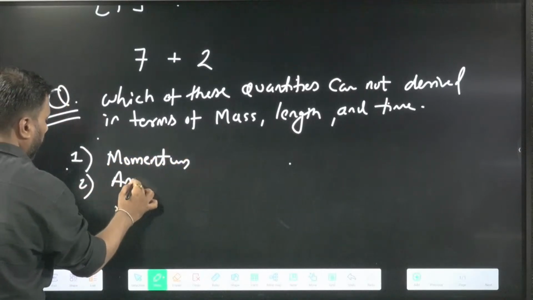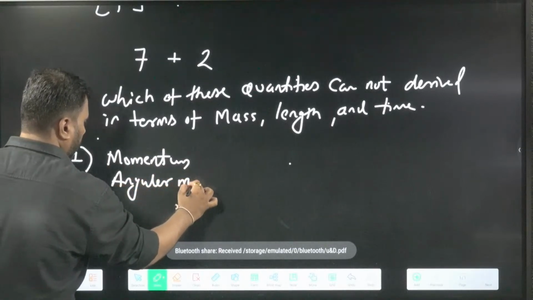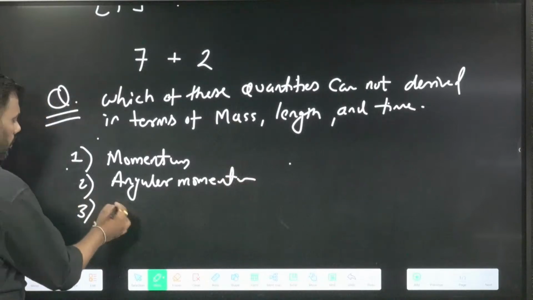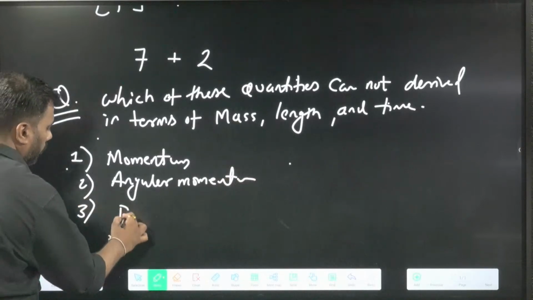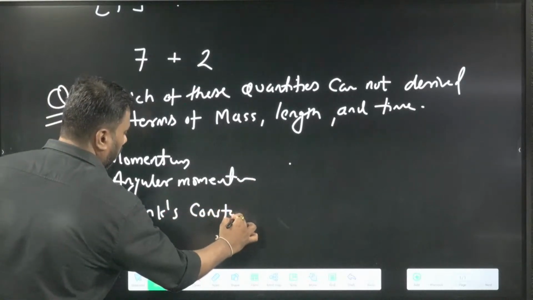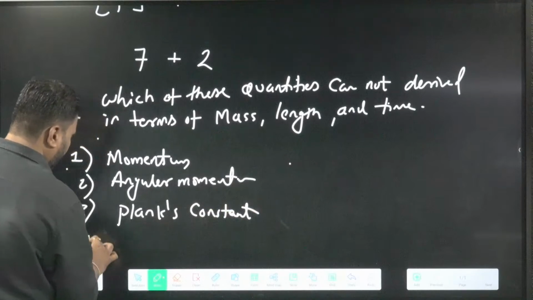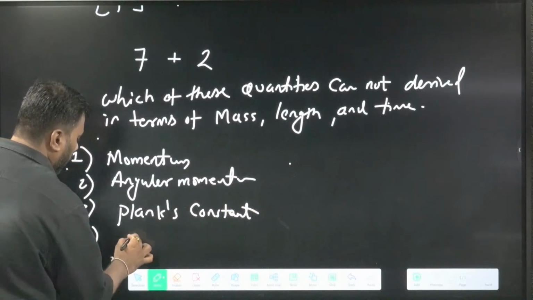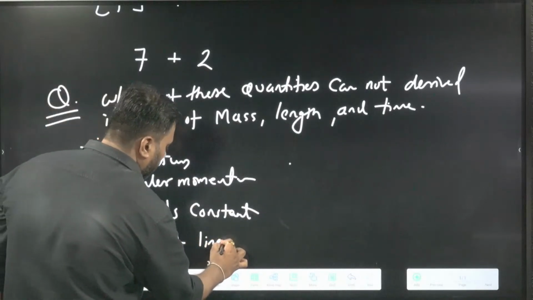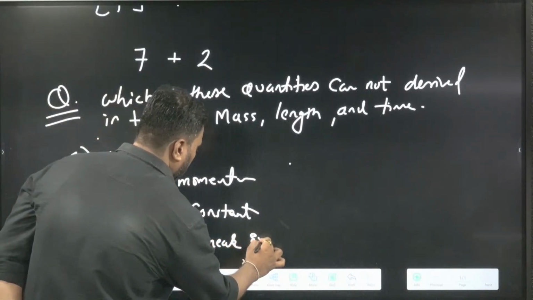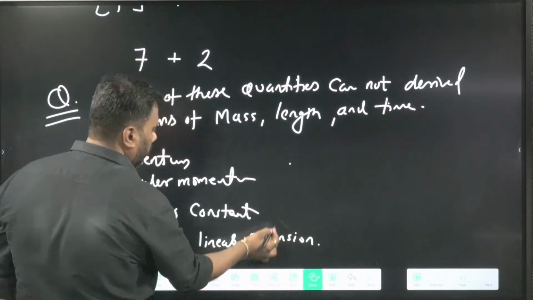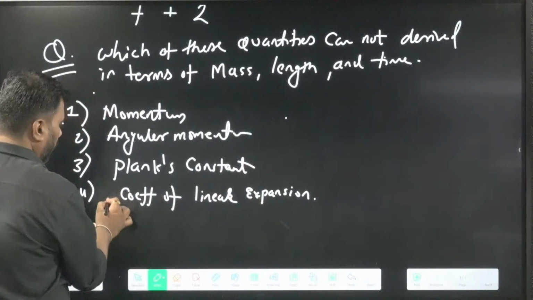Second is angular momentum. My third option is, let's say, the Planck constant. And my fourth option is the coefficient of linear expansion.